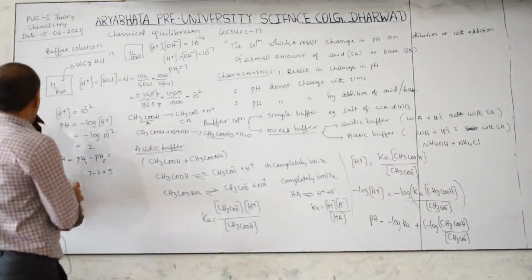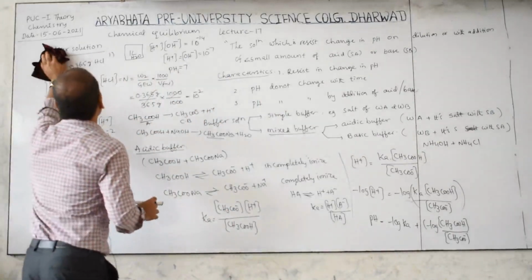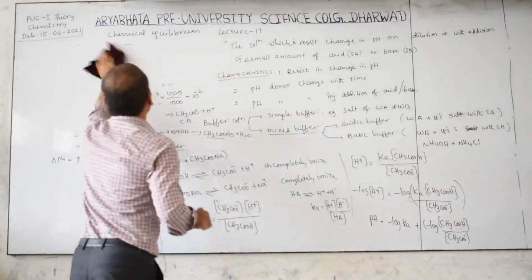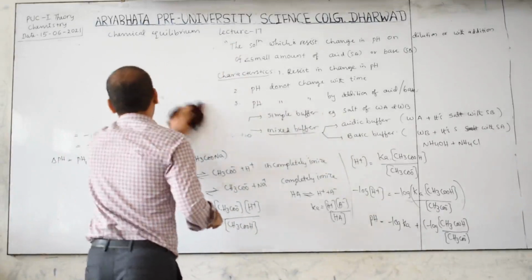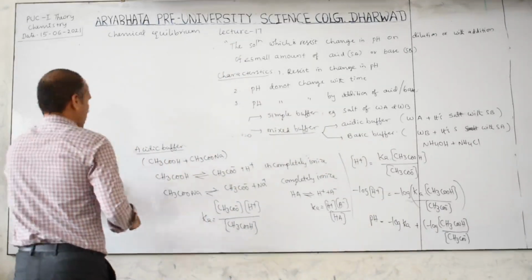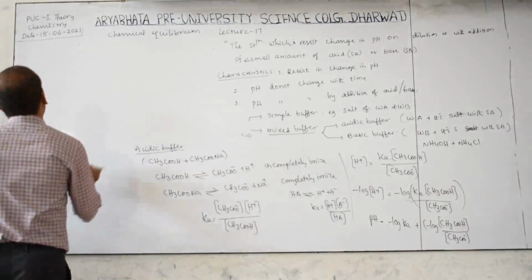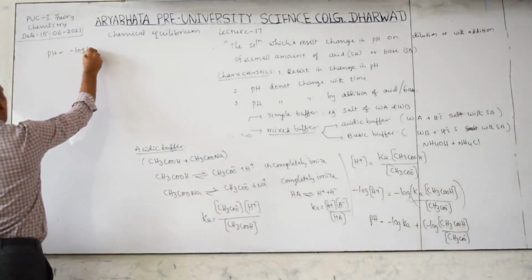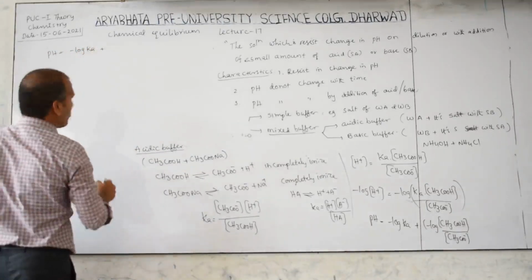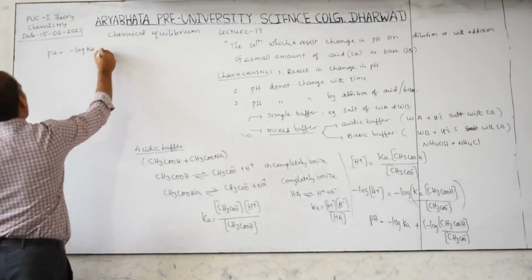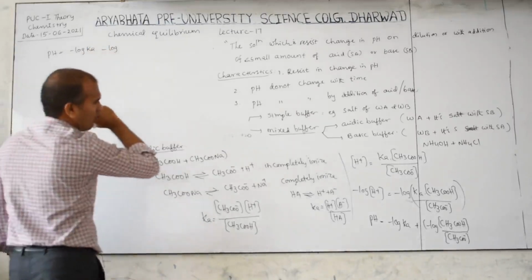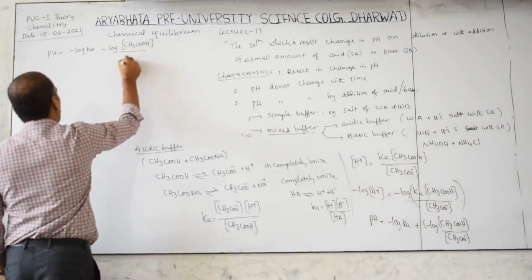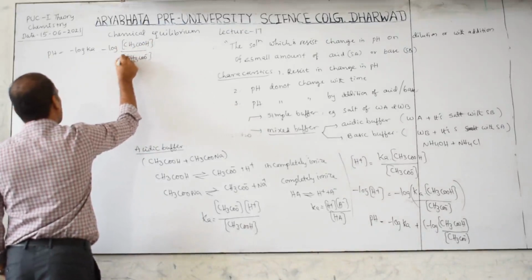Now I have to remove this. Now we know the formula. pH is equal to negative logarithm of Ka plus into minus only, then minus log of CH3COOH concentration, denominator CH3COO minus concentration.